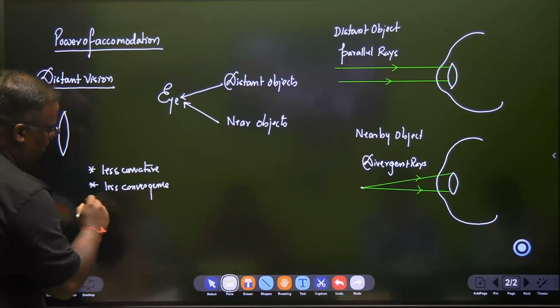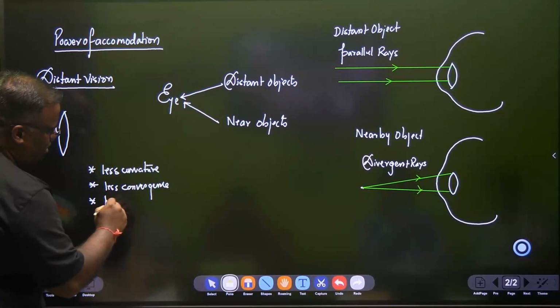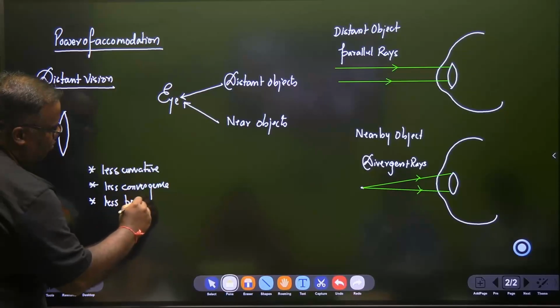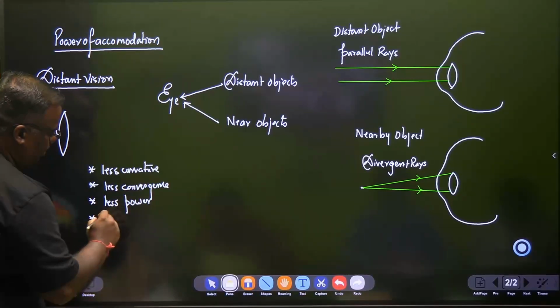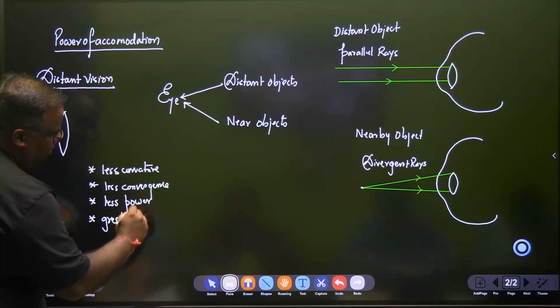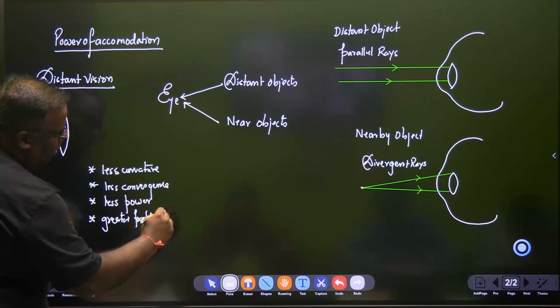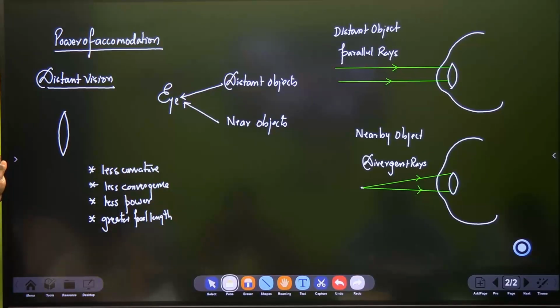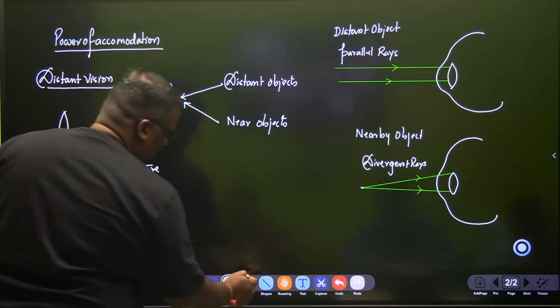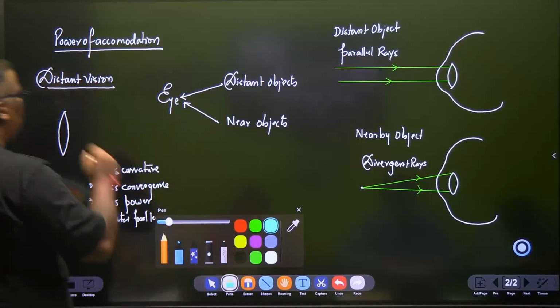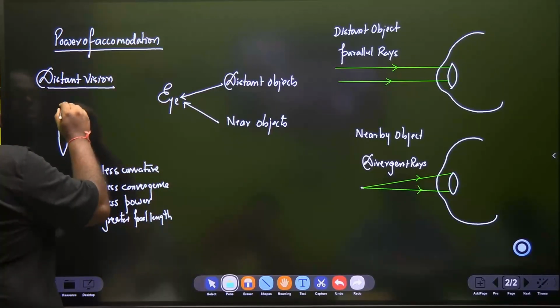Note down in this manner, it will become very clear for you. That means the eye lens has less power, that means you are having greater focal length. Greater focal length. Clear?